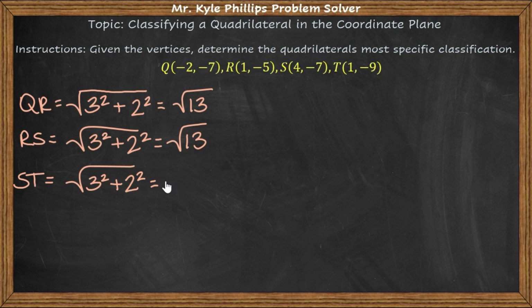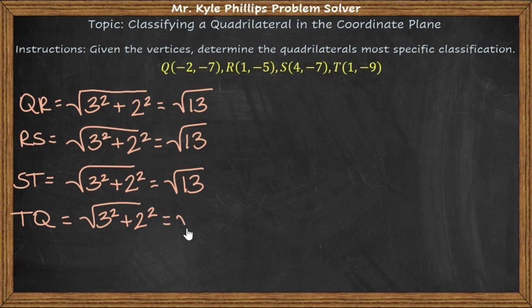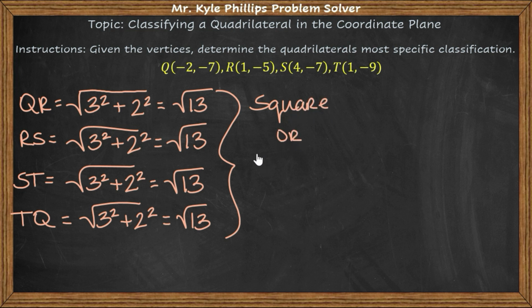So I have 9 plus 4, so again we have the square root of 13. And now I have to check T to Q. 1 to -2 is 3, and -7 to -9 is 2. So all four sides are equal. Now that does not mean that it's only going to be a square. This is going to be a square or a rhombus.